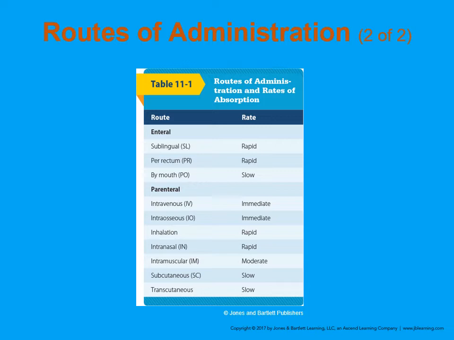The medication is pushed through a device called a mucosal atomizer device, MAD, that aerosolizes the liquid for delivery into the nostril. It has quick absorption. Some examples are Narcan or the flu vaccine. I even think they've come out with COVID vaccines now that are intranasal.